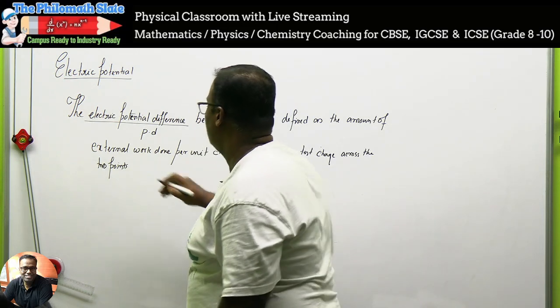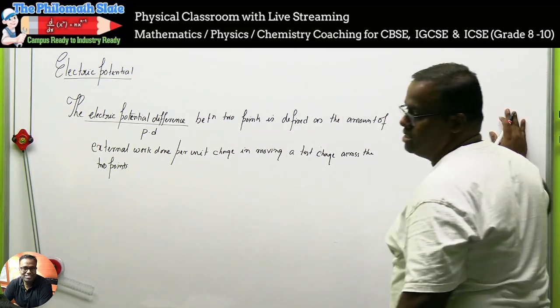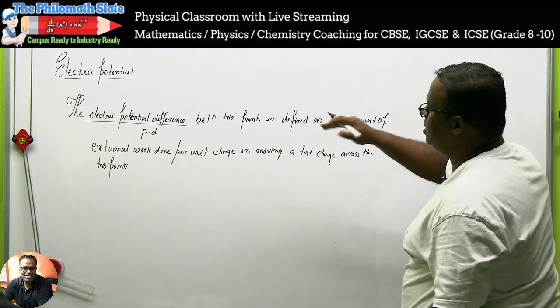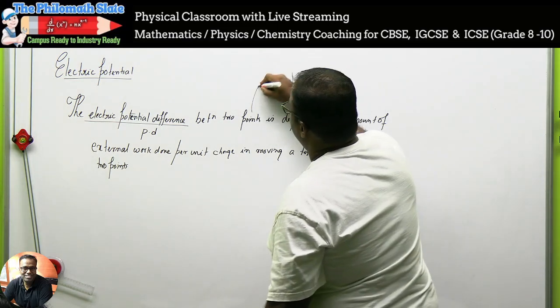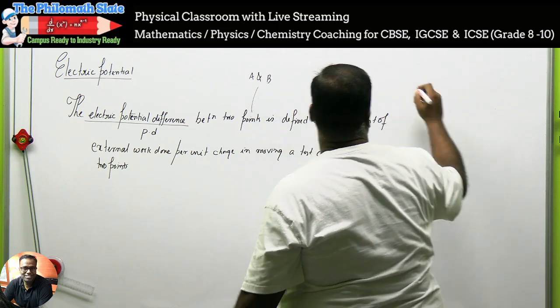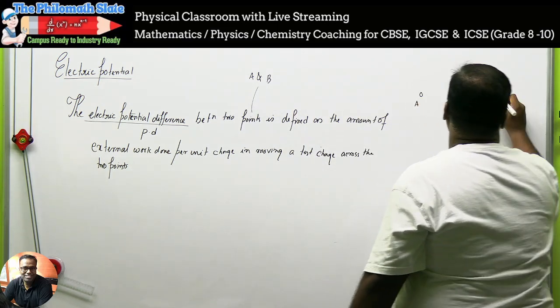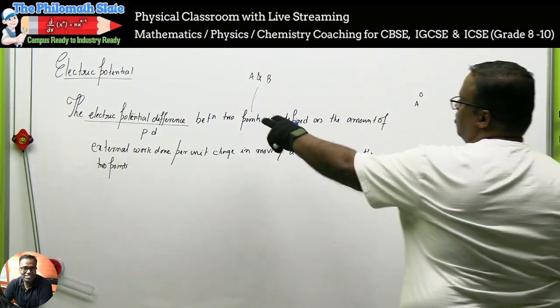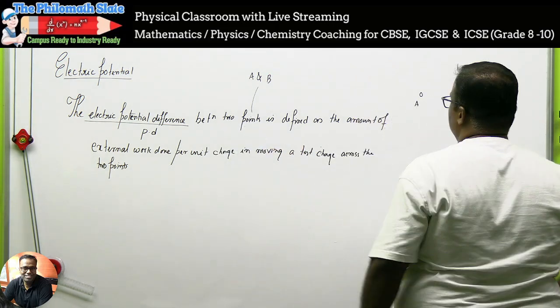Okay? Now we go by our definition and we try to schematize it. So electric potential difference between 2 points, कौन से हमारे points होंगे? A and B. ठीक है, आइए इसको बनाते हैं. This is A and this is B. So how do we write it?